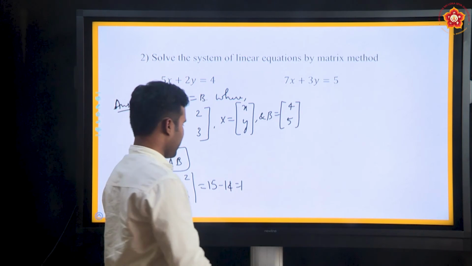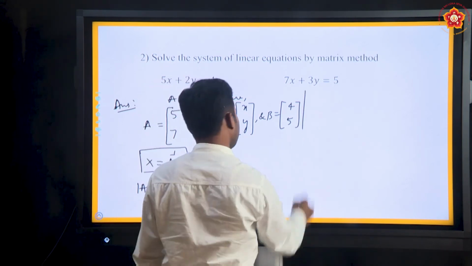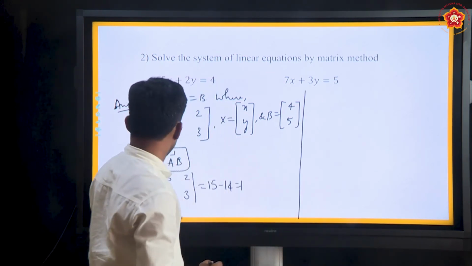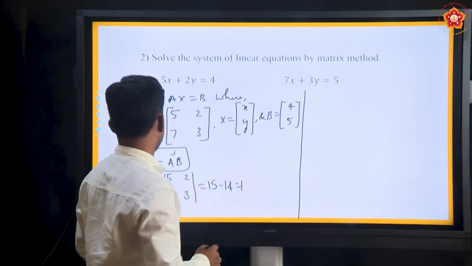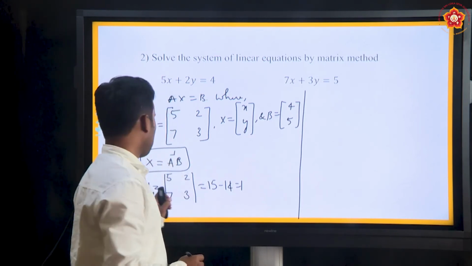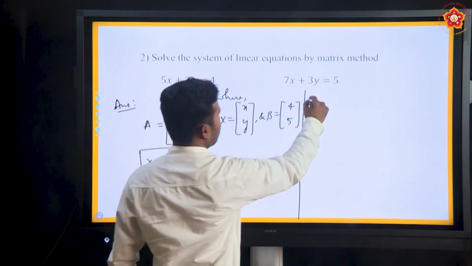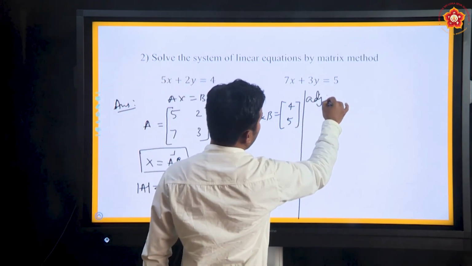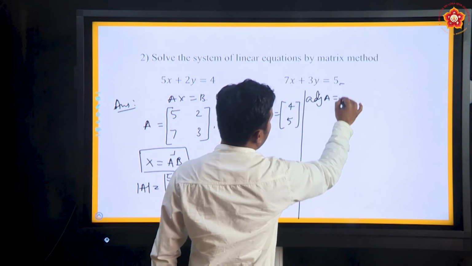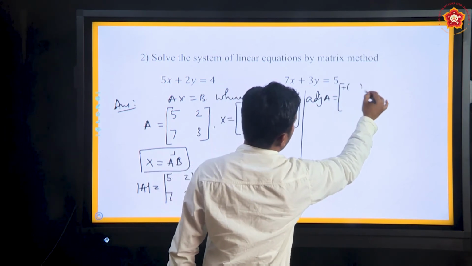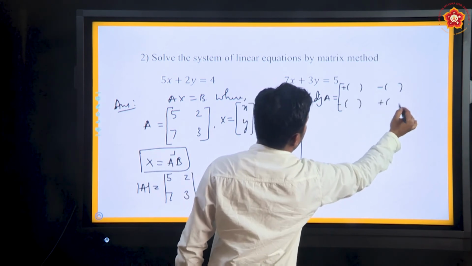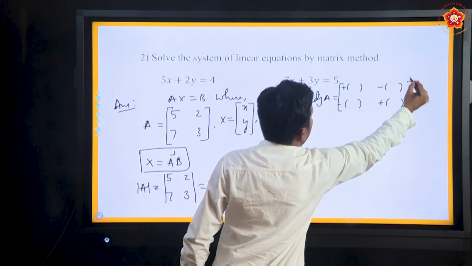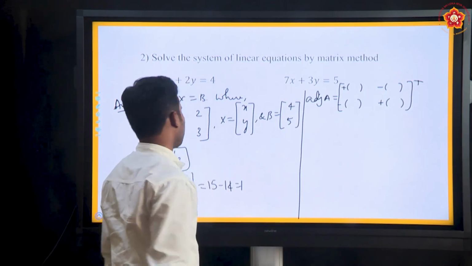So, with this we can find A inverse. What is A inverse? Adjoint A by determinant of A. For that we have to find the adjoint of A. What is the adjoint of A? It is the transpose of the cofactor matrix, okay. As you know how to find the cofactor matrix, right.